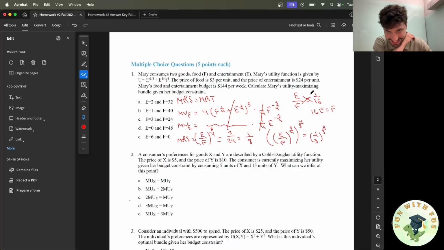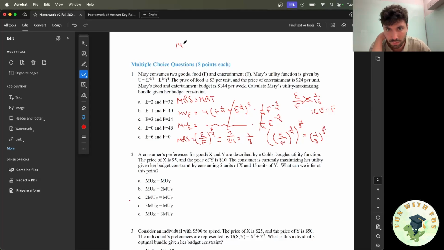And we're almost done. I know these problems can be an absolute bear to go through, but we now plug this back into our original budget equation. So they gave us the 144 for a reason.